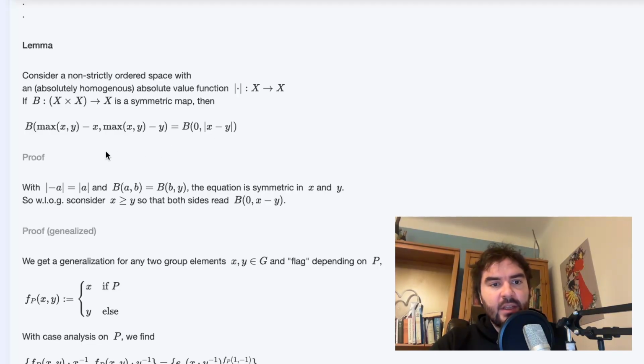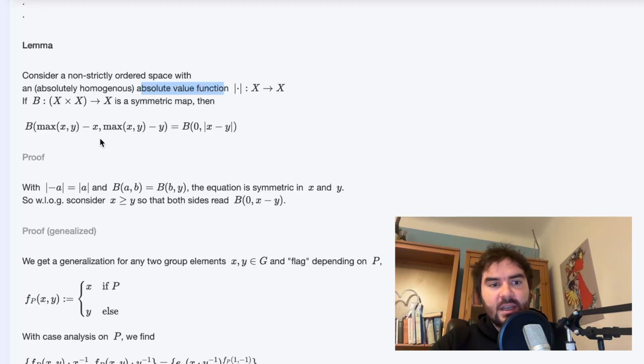And then if x is bigger than or equal to y, without loss of generality, what we have here is x minus x, which is 0. And then what we have here is the maximum of the two minus the smaller one, which is x minus y as well. And by this property, this is just the absolute value here. Okay, so this is fairly clear to see, I would say.